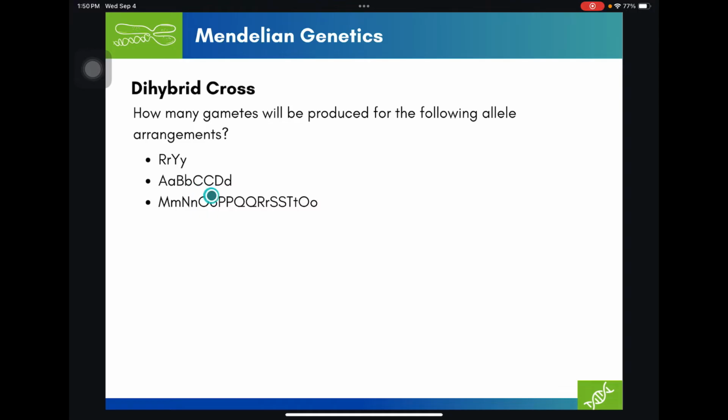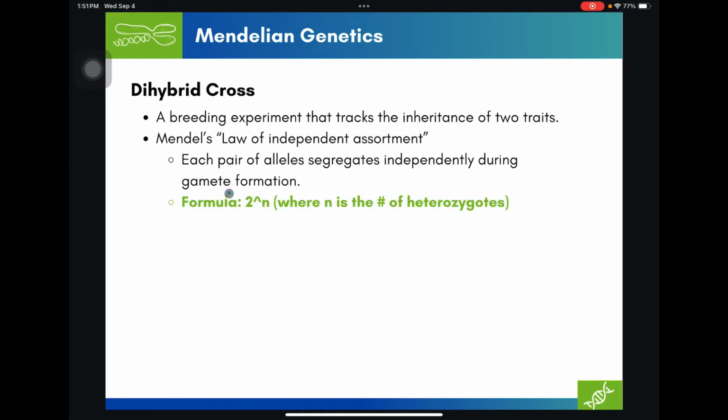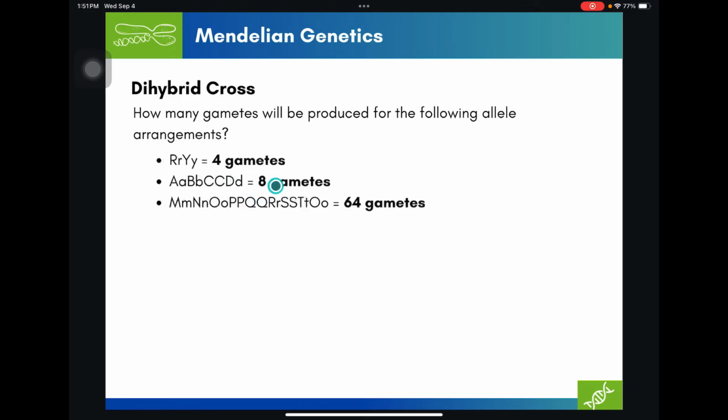The double C is not a heterozygote, that's actually a homozygote, because it contains 2 identical alleles, while heterozygotes contain 2 alleles that are opposite to one another. So that's 2 raised to 3, which is 2 times 2 times 2. That's why the answer is 8 gametes. And in the last one, we have a total of 64 gametes.